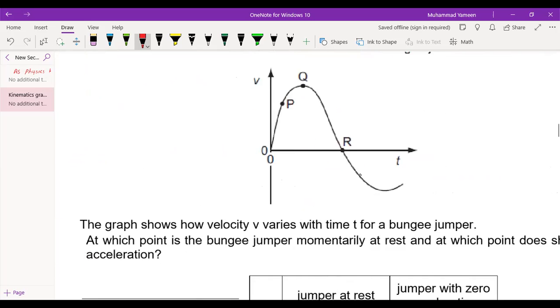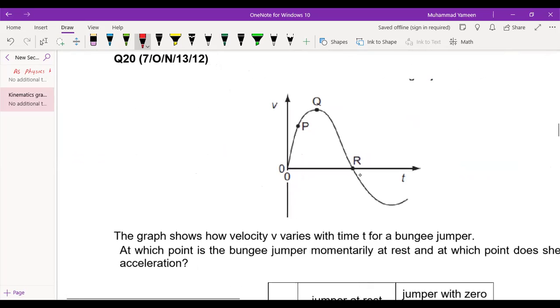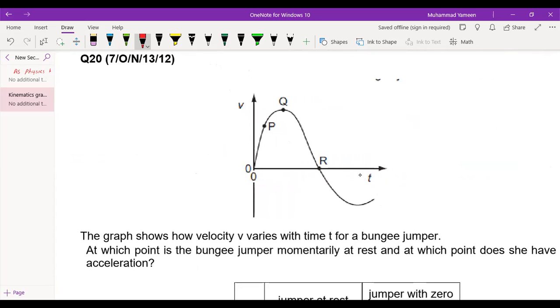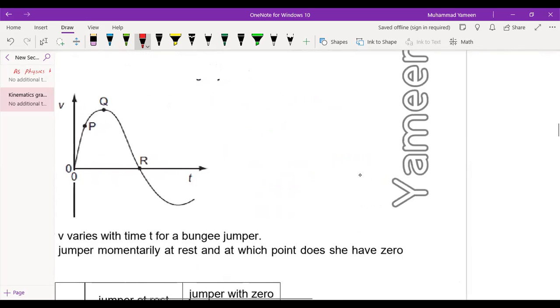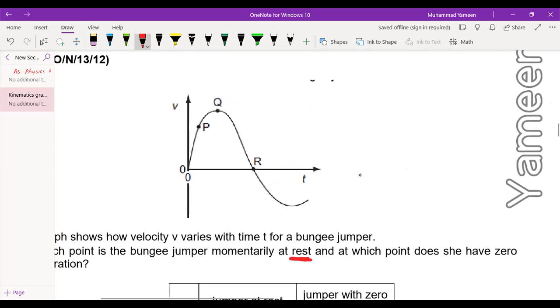What about question number 20? The graph shows how velocity v varies with time t for a bungee jumper. At which point is the bungee jumper momentarily at rest, and at which point does it have zero acceleration? So we have to find 2 points, one for rest and another for zero acceleration.